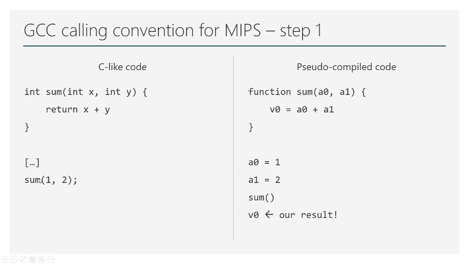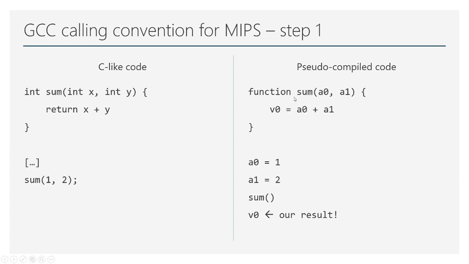So as we said before, we have v0, which is the return value register, and registers from a0 to a3 to represent the arguments. So basically x will become a0 and y will become a1.